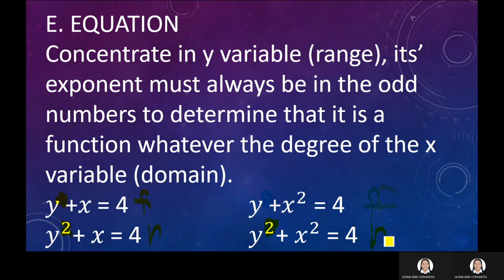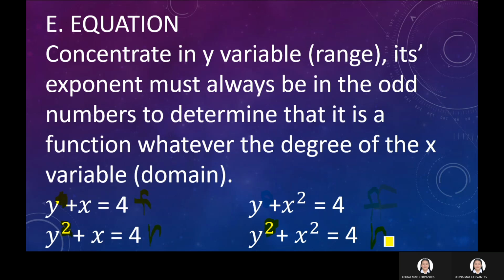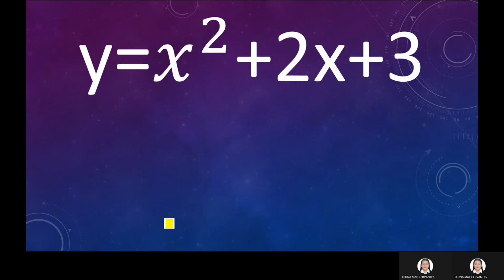Next, we have y equals x squared plus 2x plus 3.